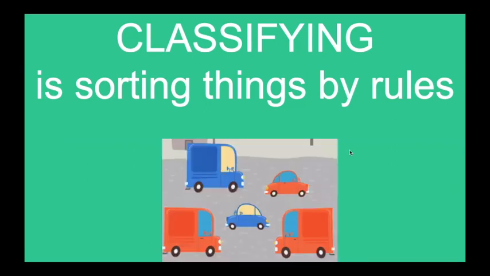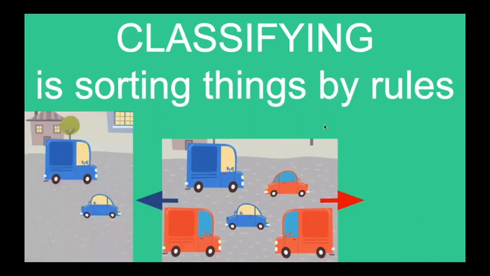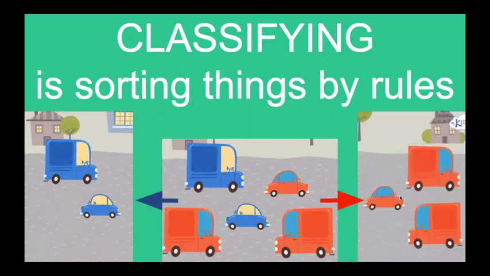All right. Also, we can split or sorting objects by color. Look at the picture. We have red and blue cars. Two of them blue and three of them red.